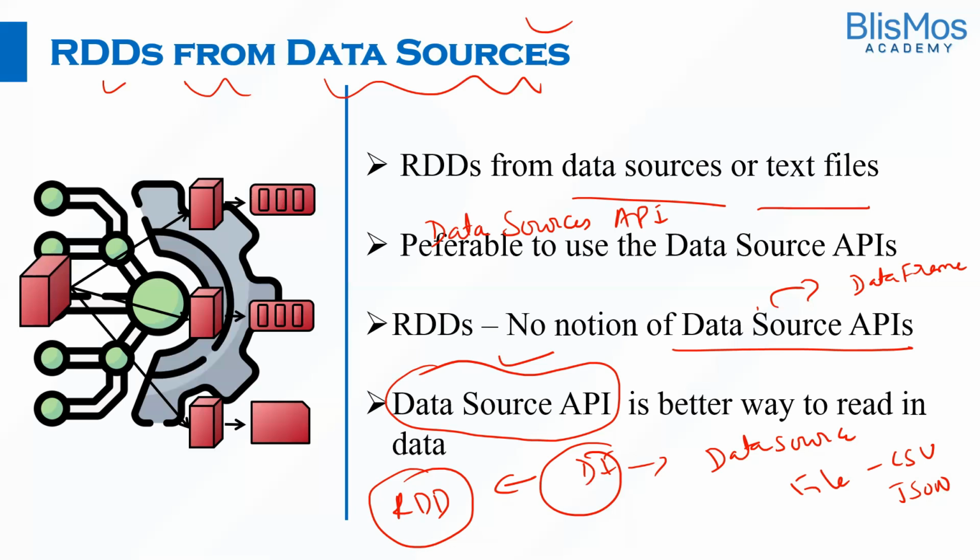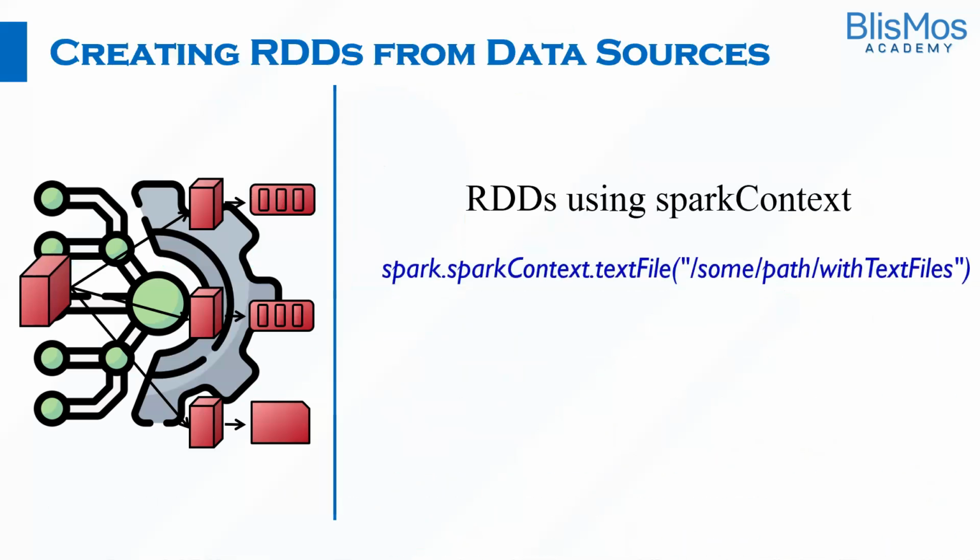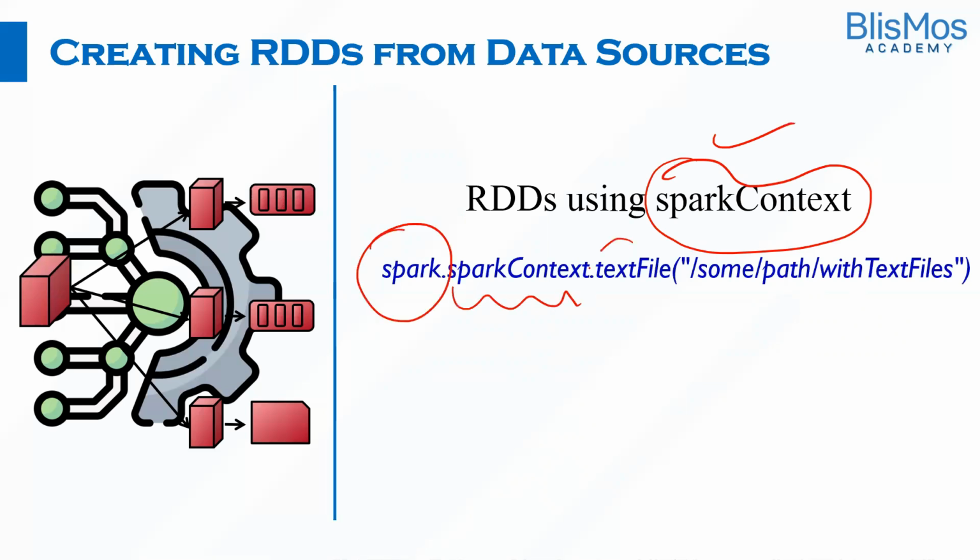No, I don't want to first create a data frame by reading a data source and then converting into RDD. If you don't want to do that, you can always create an RDD by reading a data source. In that case, obviously, we need to go through Spark context. So you say Spark context, and provide the text file method and provide the path where your file is.